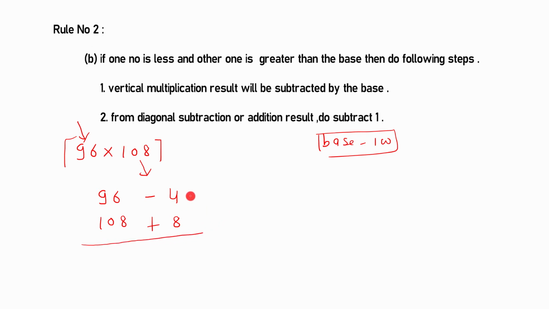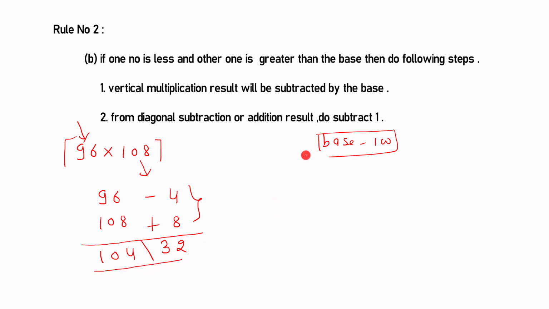First step is always vertical multiplication. So 8 into 4 is 32. Second step is diagonal addition or diagonal subtraction. Either we take 96 plus 8 or 108 minus 4, that's your choice. 108 minus 4 comes out to be 104.